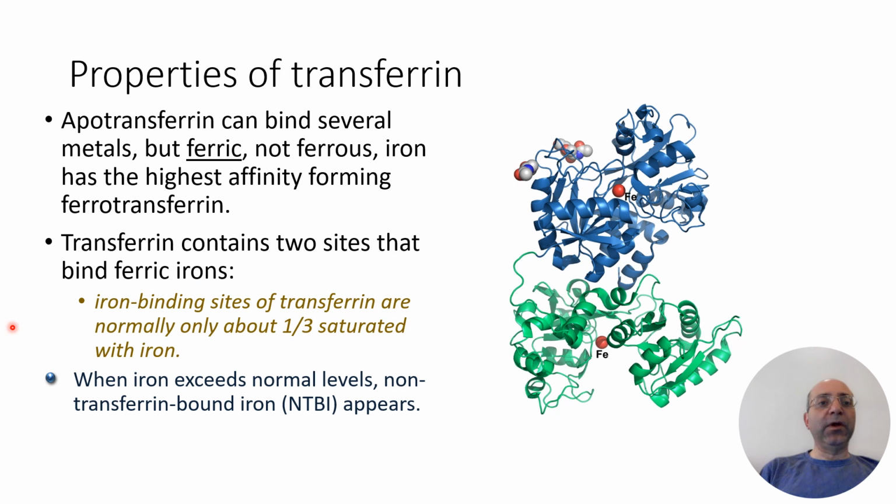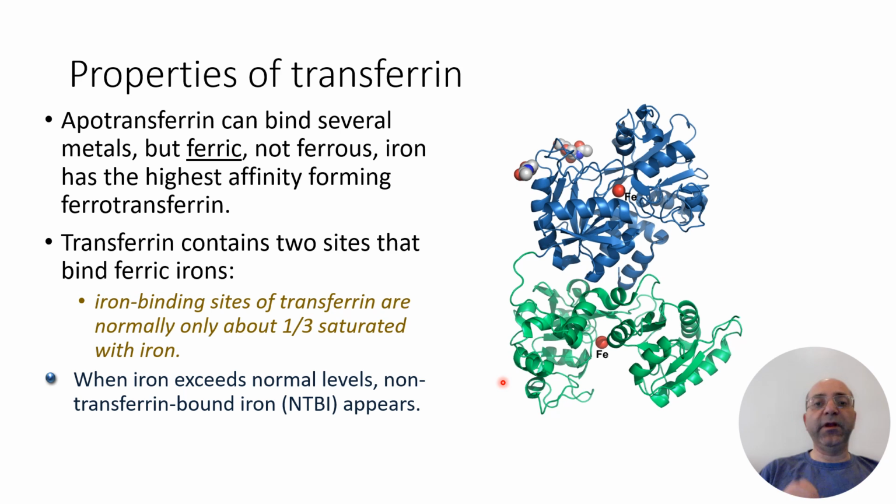The iron must be in the ferric state, not the ferrous state, and the ferric state has the highest affinity. The amount of transferrin that is saturated with iron is only one third, leaving a lot of iron binding sites in transferrin in the body, and this is a protection mechanism.